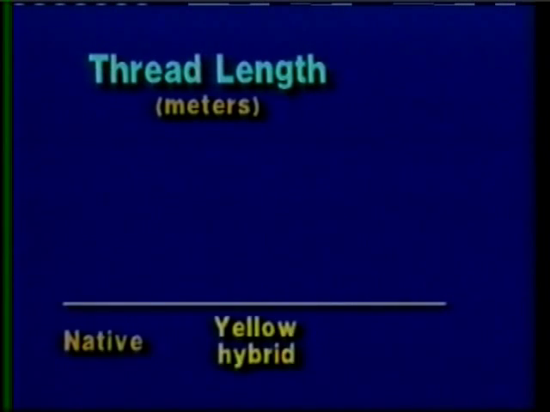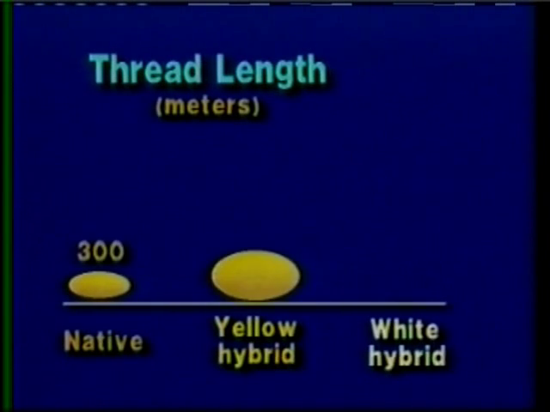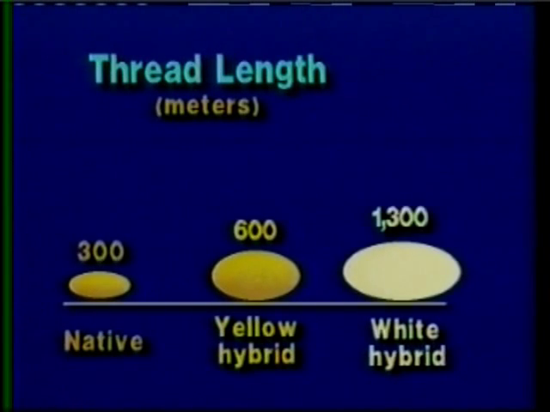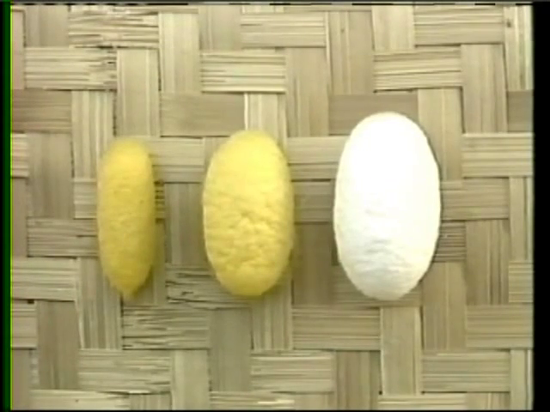Improved breeds of yellow Thai hybrids produce threads that are not only stronger, but also twice as long. Still larger and more productive are the exotic white hybrids bred from improved Japanese and Chinese silkworms.